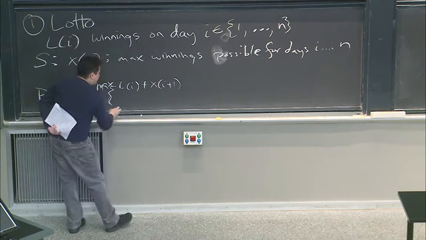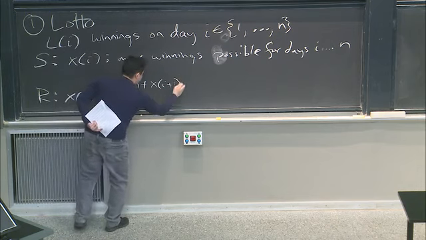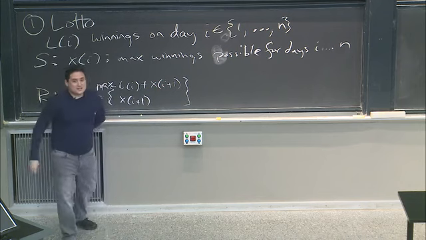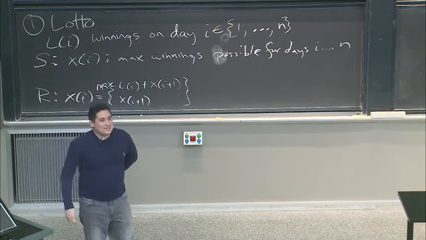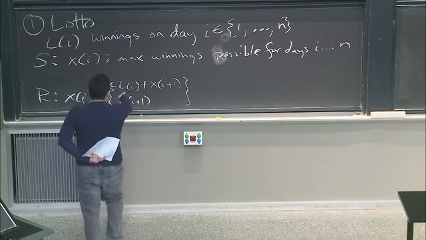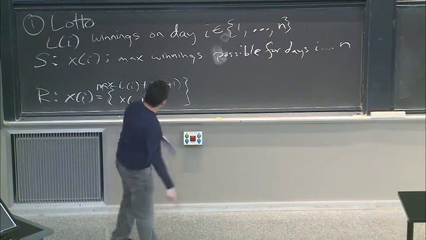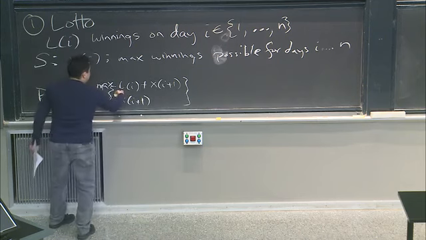Or I don't play on day i, and I recurse on the remainder. Anyone like this recurrence? Why don't we like this recurrence? I'm just always going to pick this thing. These things are always positive. I think it's positive integer payouts, yeah? And so I'm always going to pick Li.